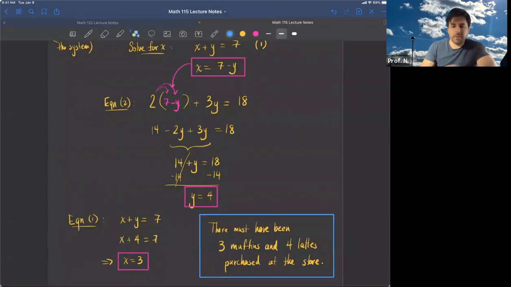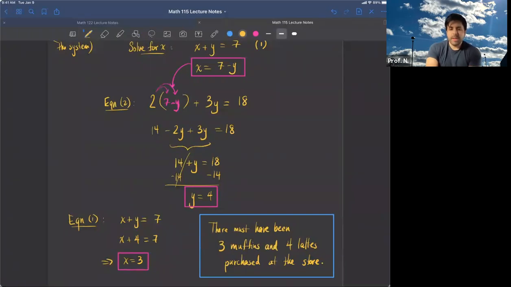And there's many other scenarios where systems of equations can be created and as a result solved. Okay? Any questions? Clear? Is it good?